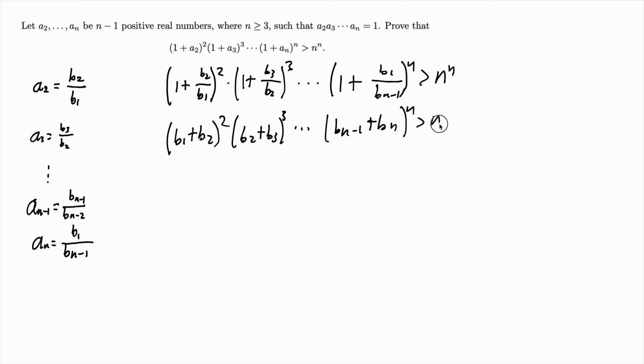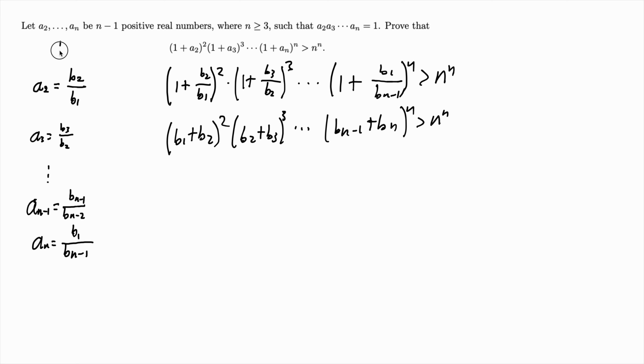And notice that this is greater than or equal to, wait, n minus 1 positive numbers. Yeah. So a sub i is a positive number, and naturally so is b sub i.